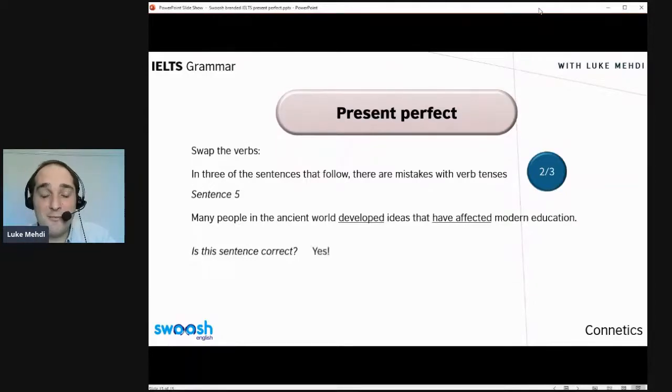And Joyma, you are correct. This sentence is fine. Developed ideas in the ancient world thousands of years ago have affected modern education. That is a state that continues until today. Okay. So this is a correct sentence.